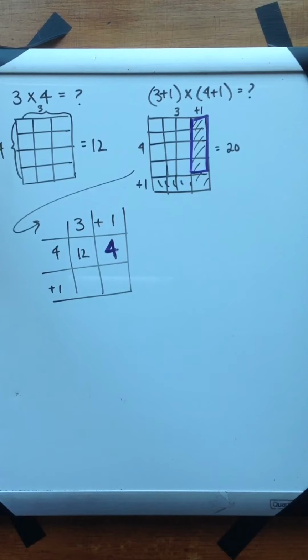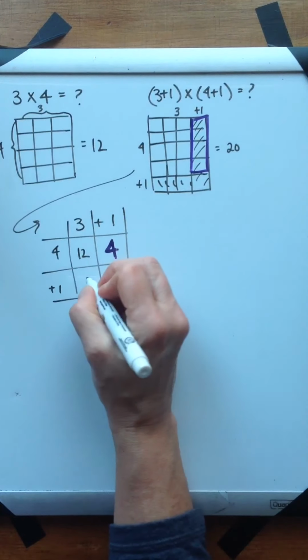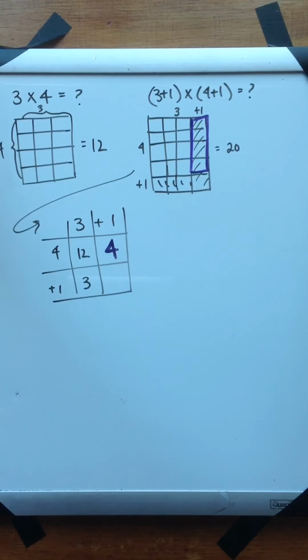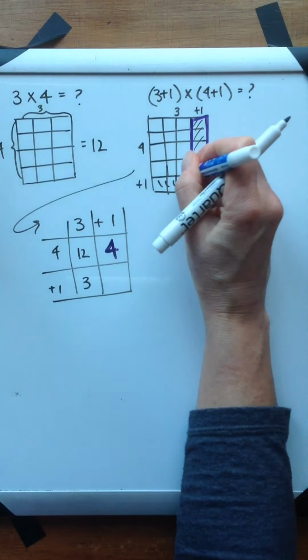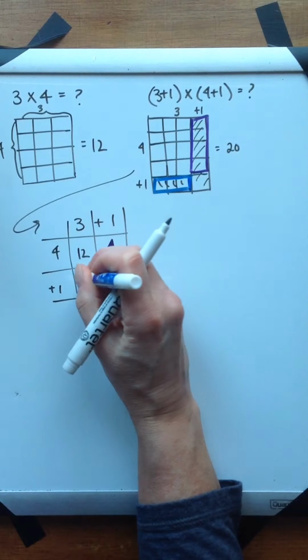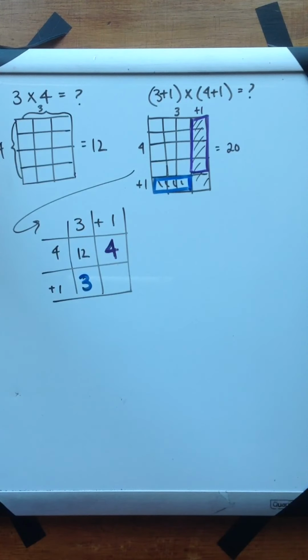And what if you said, I already know that 3 times 1 is 3? Well, that kind of coincides with the blocks in our diagram that are up here. And I know that 1 times 1 is 1. And that would coincide with our block that's right here.